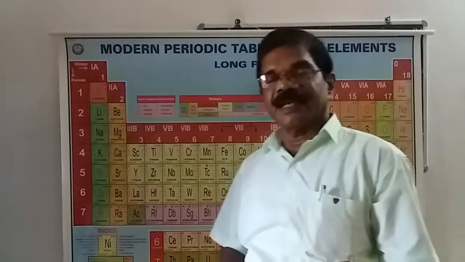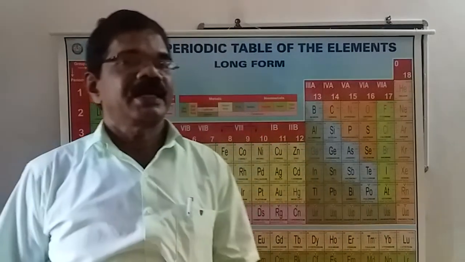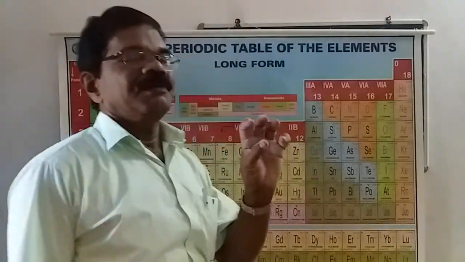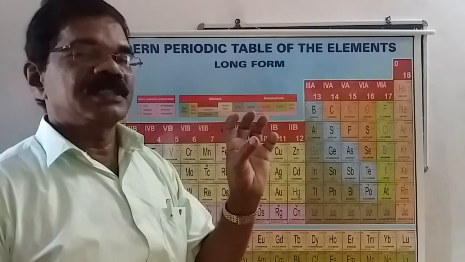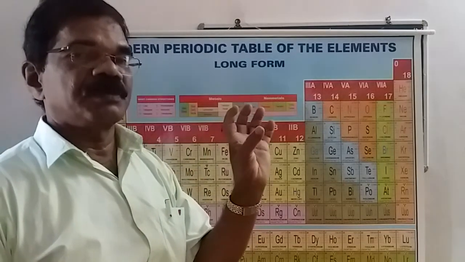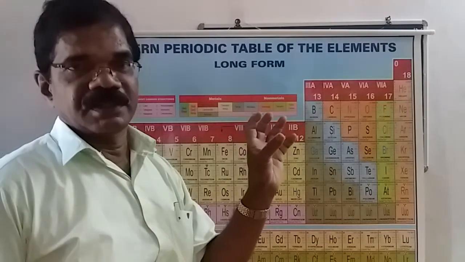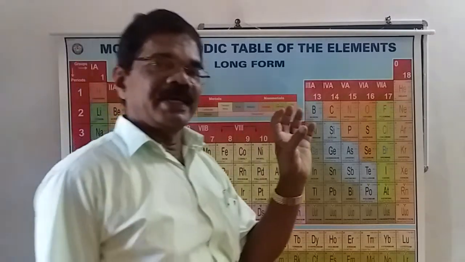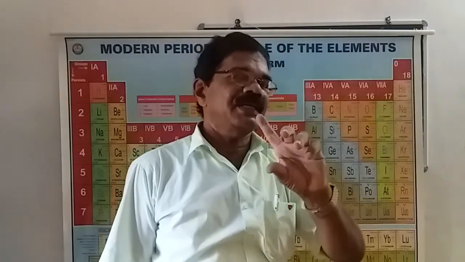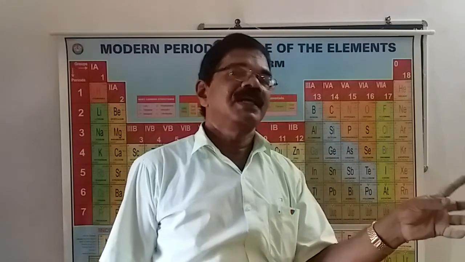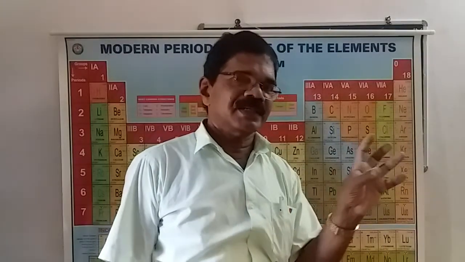What is the metallic character? We have learned the physical properties of the metals, non-metals and the metalloids. How can we identify a metal and a non-metal by how they take part in a chemical reaction?